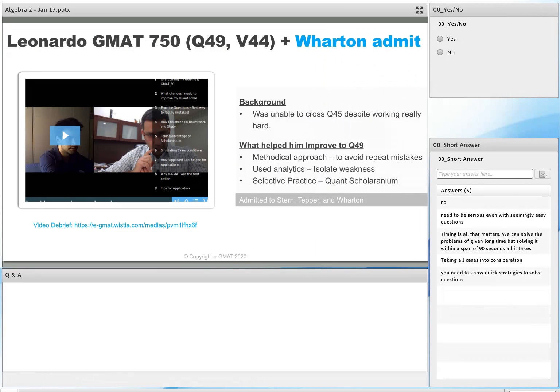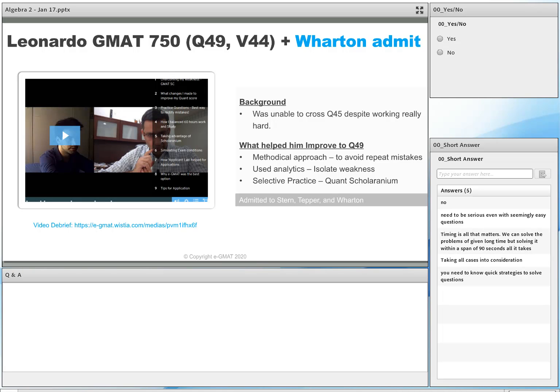The second story is of Leonardo, again a very interesting, very motivating story. Leonardo was not able to cross that Q45 or Q50 mark. He worked really hard, but he was not able to do that. Why was that? Because he was not following a methodical approach to solve questions. He was plugging in numbers, and making these schoolboy errors, as we call them.